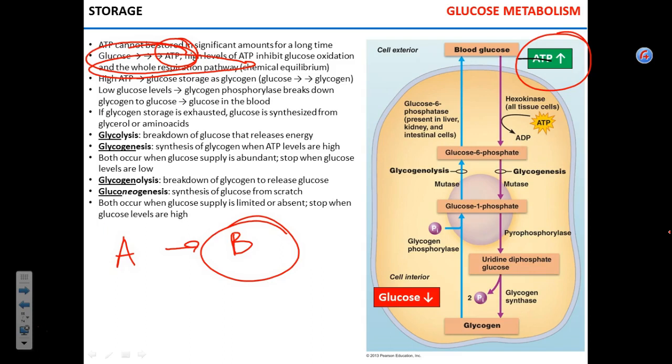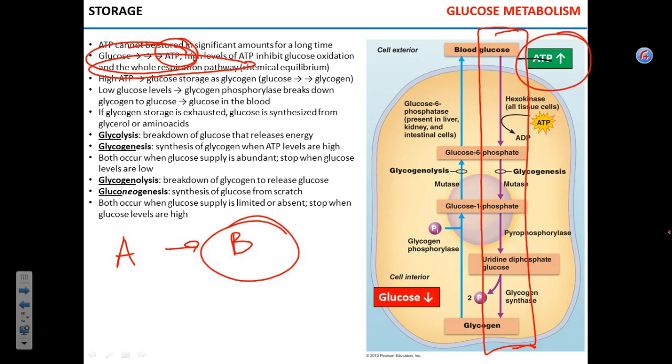Since glucose keeps coming in, what can you do with the glucose? Can you store glucose in the cells? Yeah, in the form of glycogen first and foremost. So this is your glycogen synthesis, the purple line. I'm very explicit.